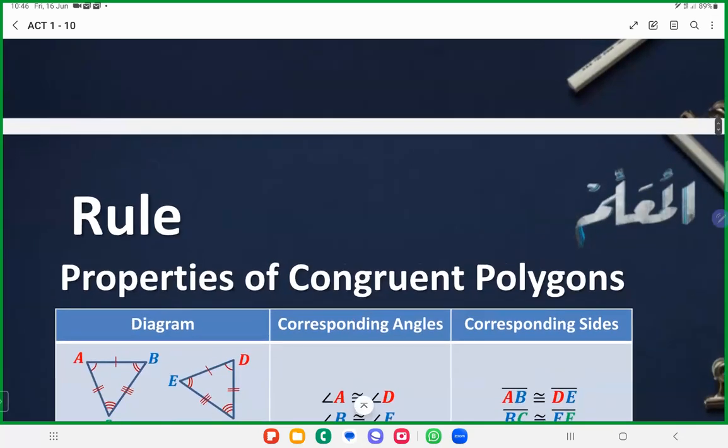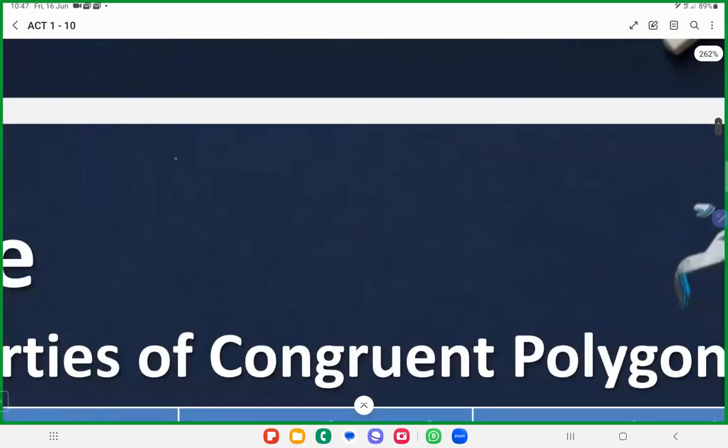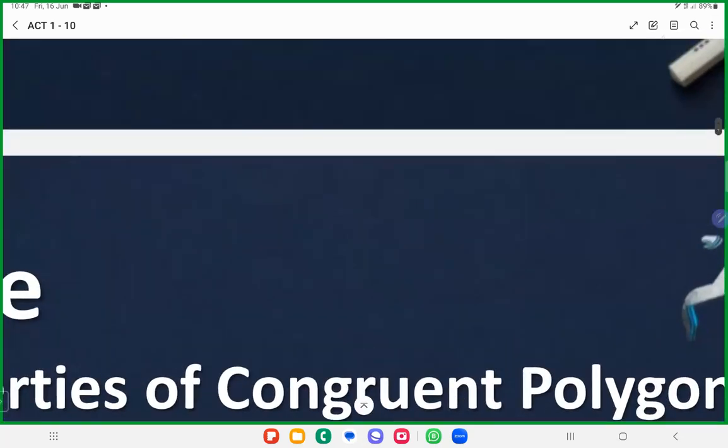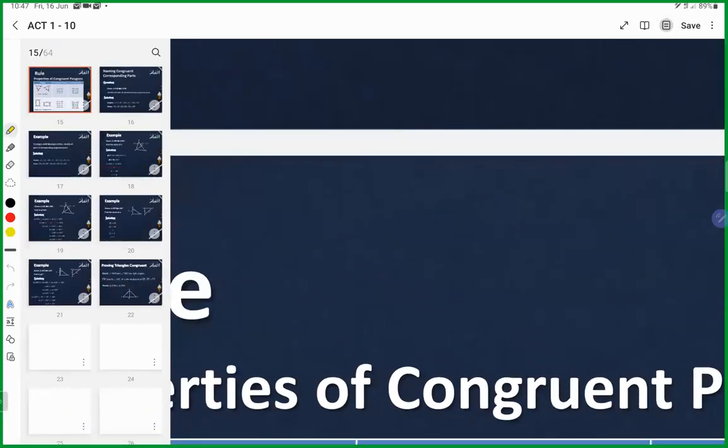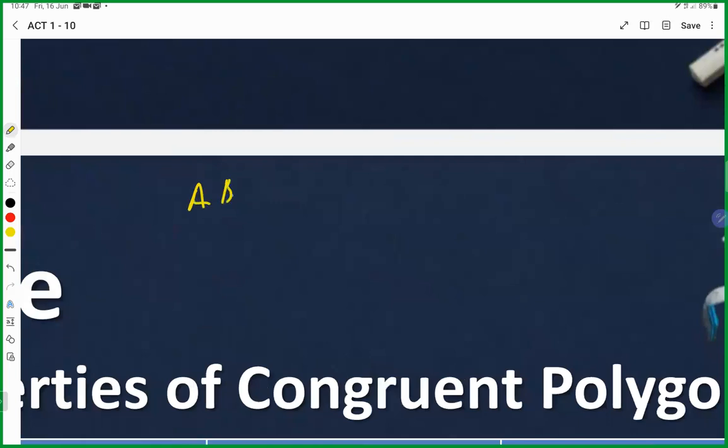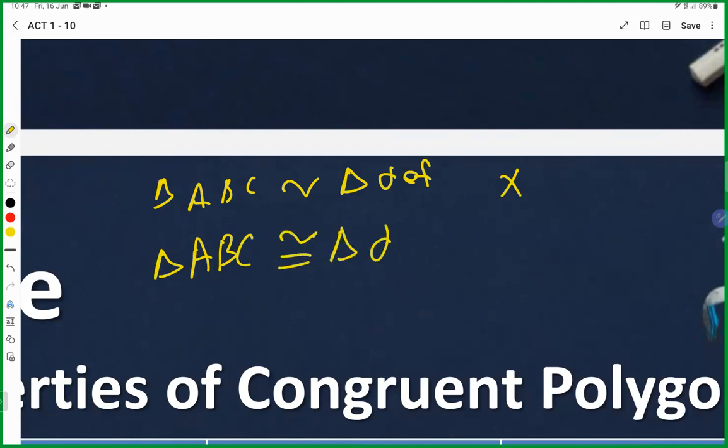One of the M1 questions asks, if we have 2 triangles, let's say triangle ABC is similar to triangle DEF, does that mean they are congruent? No, they are not congruent. But if it's mentioned that triangle ABC is congruent to triangle DEF, are they similar?